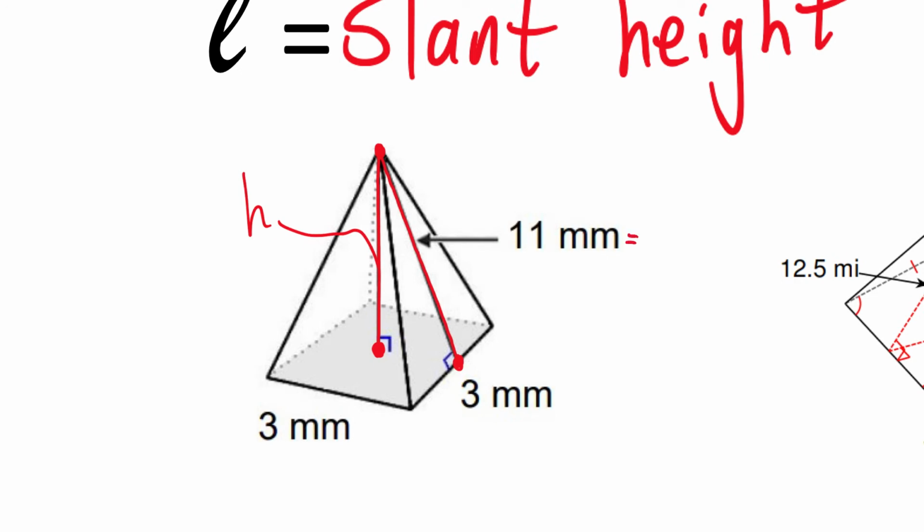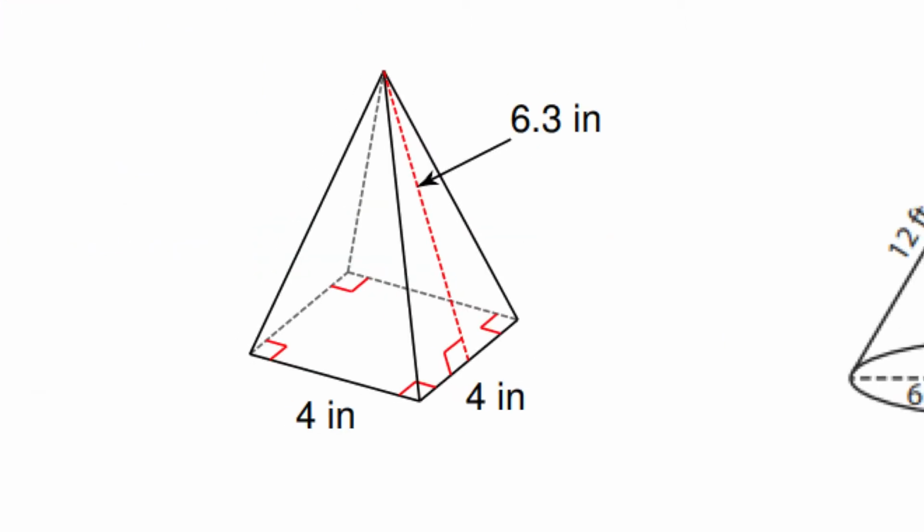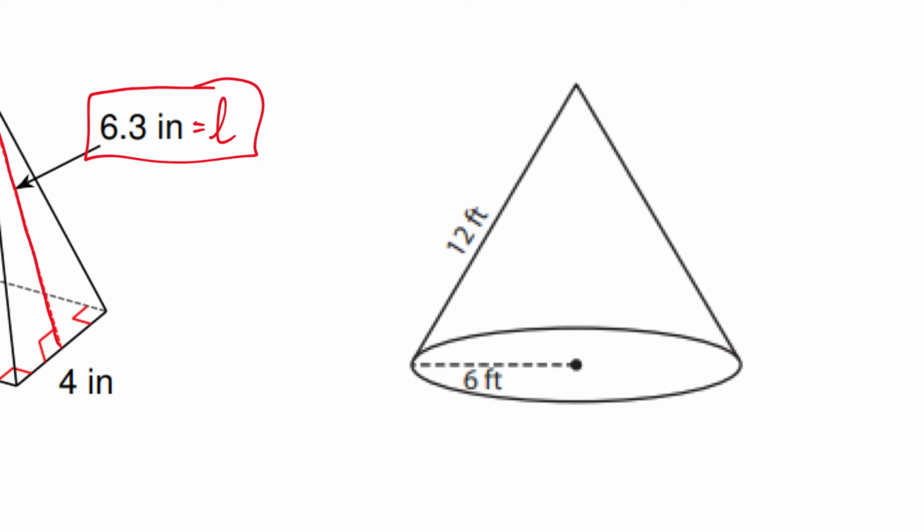So on this one, the 11 millimeters is the slant height for this pyramid. On this one, the 12.5 is the slant height for that pyramid. On this one right here, this is the slant height again. 6.3 is the slant height for that pyramid. Now for a cone, this does apply too.